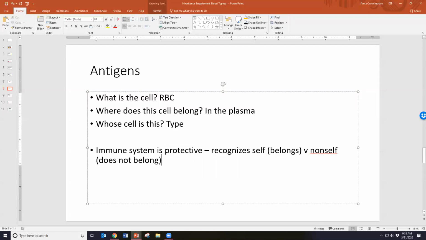The evolutionary benefit of this is that it helps you recognize pathogens. A pathogen is a disease-causing organism. You mount an immune response to anything that doesn't belong, and that immune response is actually what causes you to not feel well. In the context of a pandemic, it's easy to say a virus is a pathogenic organism.